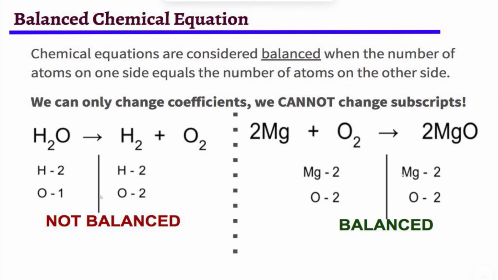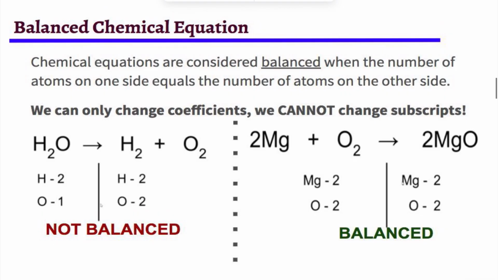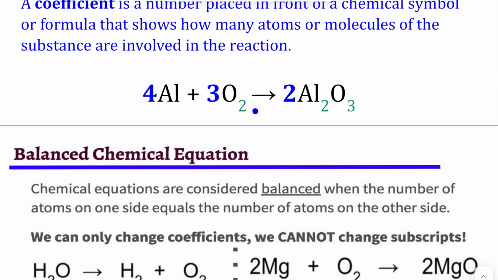So what makes an equation balanced? In a chemical equation, the plus means we're going to combine compounds. The arrow is like the equal sign in a math equation; in chemistry, we have chemicals on the left and on the right.